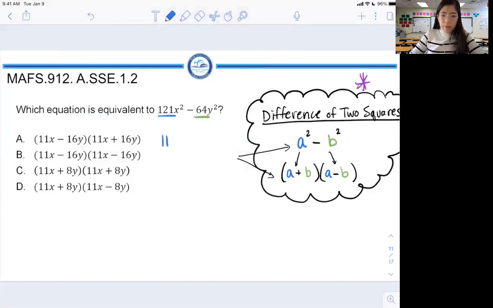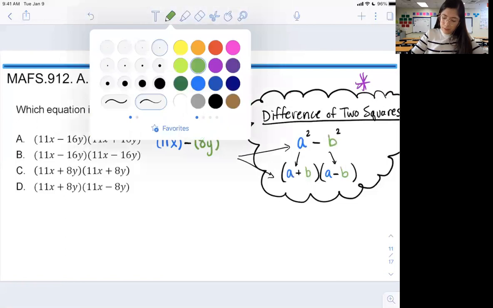So this whole thing, I can rewrite as 11x to the power of 2. The square root of 64 is 8. So I can write this as 8y to the power of 2.